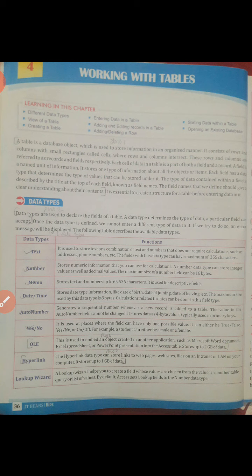Okay. Next one is OLE. OLE is for linking. This is used to embed an object created in another application. If you have some data in a Microsoft Word document, Excel, or PowerPoint, you can bring it to the Access table, that is linking from other applications to MS Access.